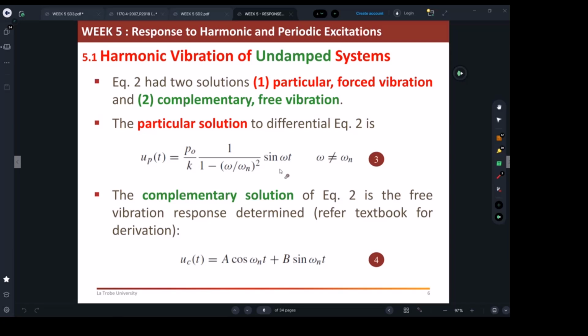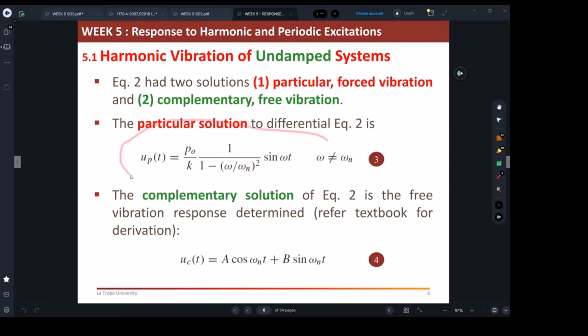I just want you to understand now, there is a particular solution. The simple way to explain this now is that it represents the force. You can see it's a function of force, okay? Maybe what I can tell you now is that when you excite a single degree of freedom system with a sine or cosine wave motion, you're going to result in 2 kinds of motions in the structure, which will be clarified next.